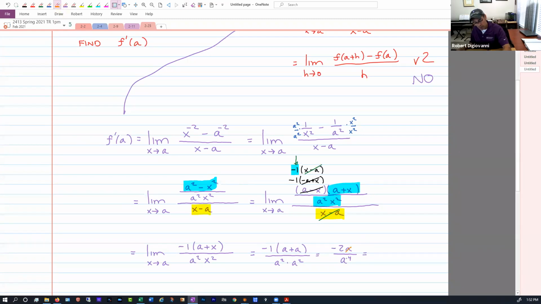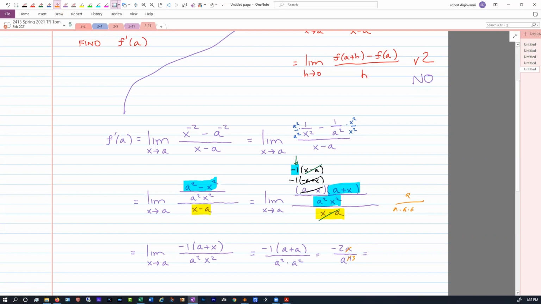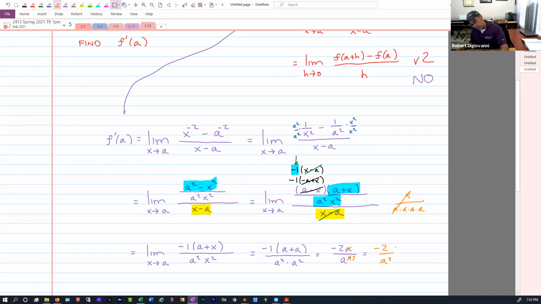We can cancel one of those and make that 4 become a 3, by canceling that a on top. Because it's like we have a over a to the 4th. So it's like a over 4 a's being multiplied, and we're canceling one of them. So it leaves us with 3 on the bottom. So -2 over a cubed is our answer.